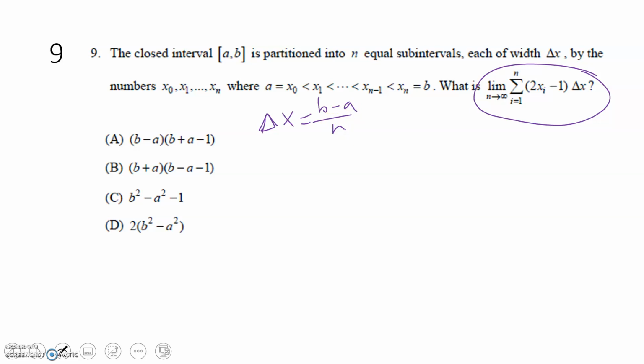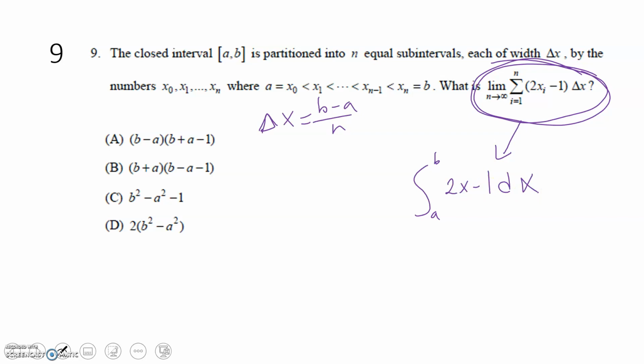Now, we're trying to find the limit. We know then that this mathematically is equivalent to the integral from a to b of 2x minus 1 dx.